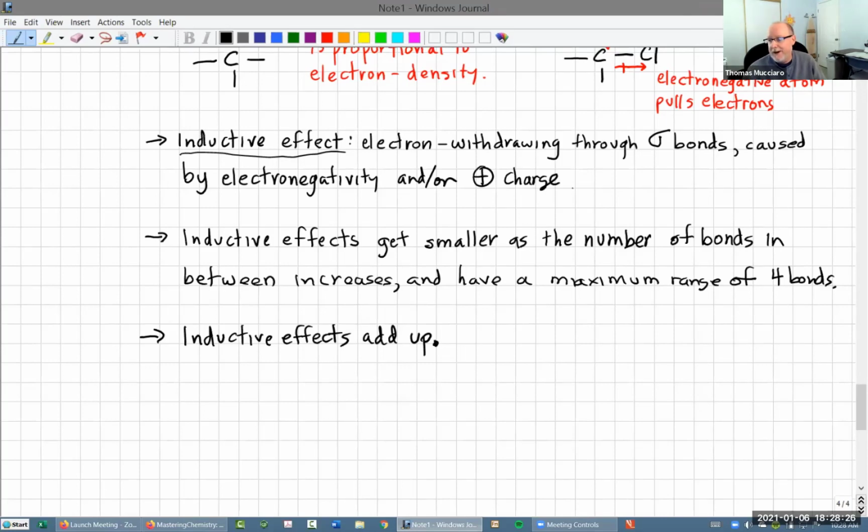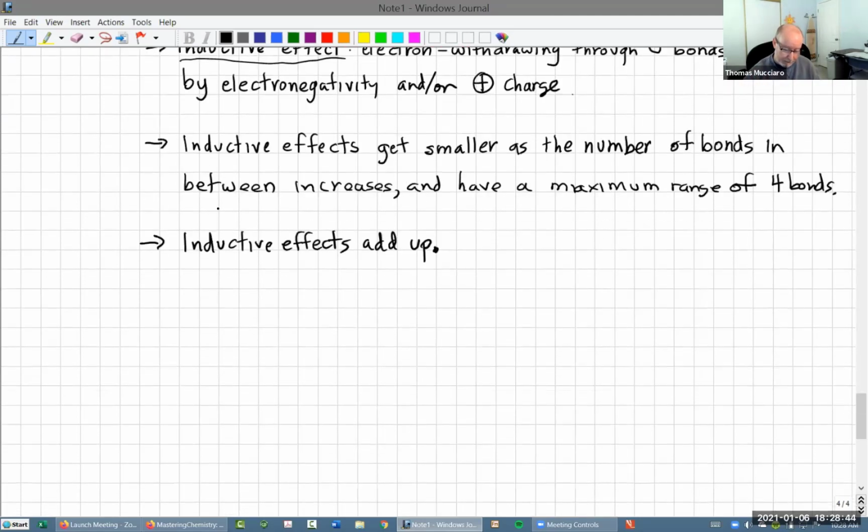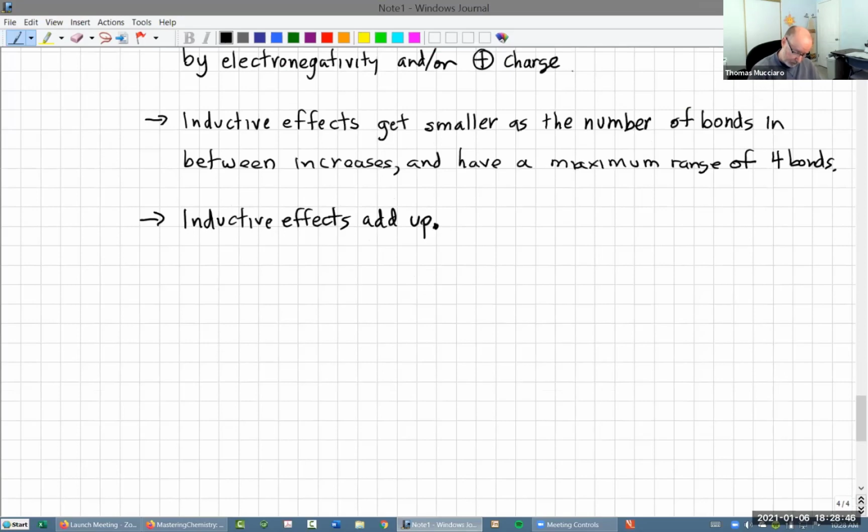So there's two things about inductive effects that you need to understand in order to see how the chemical shift works in the NMR. Once you get these two concepts, the NMR table and everything will make more sense. So the first one is that, and I'm going to draw a picture here.